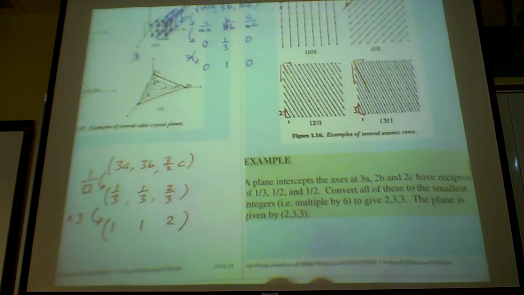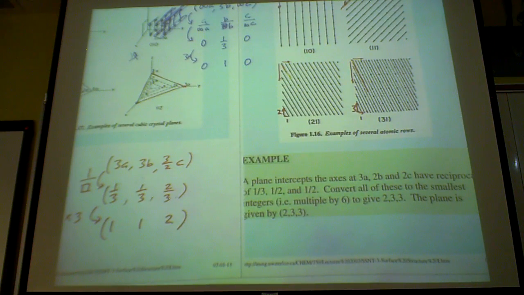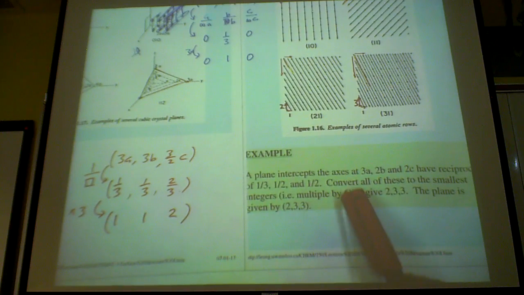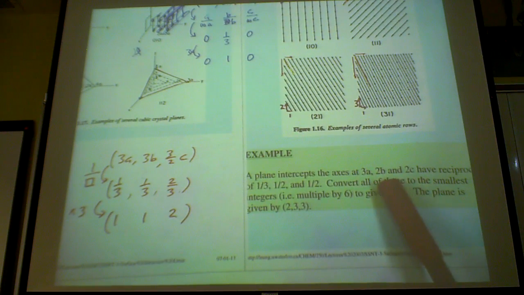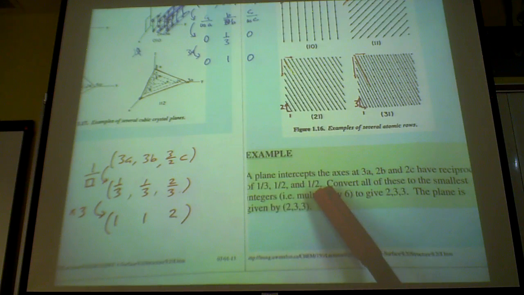Okay, so here's another example that I put out. A plane intercepts the axes at 3A, 2B, and 2C. You take the reciprocal, dividing by the A, B, and C vectors, and you get 1/3, 1/2, 1/2. Then you multiply by the smallest constant to make them integers.